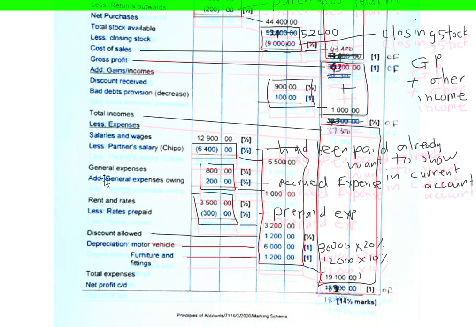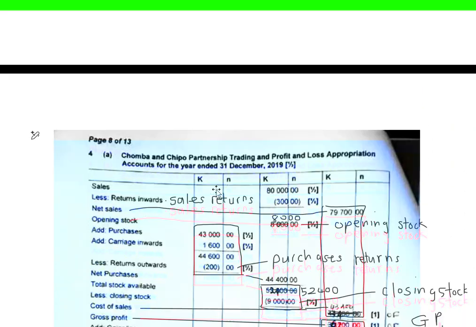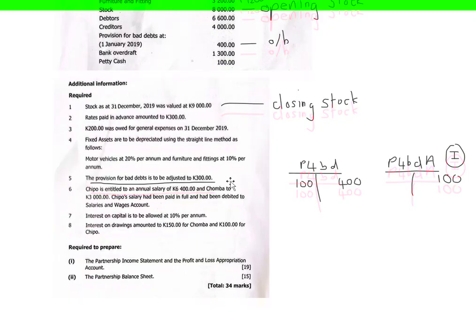Right, the general expenses was 800. But there was an adjustment of 200. Because remember I mentioned earlier, 200 kwacha was owed for general expenses on the 31st of December. So it hasn't been paid, but we know that we've actually had general expenses of another 200. So we truly need to reflect the general expense amount.